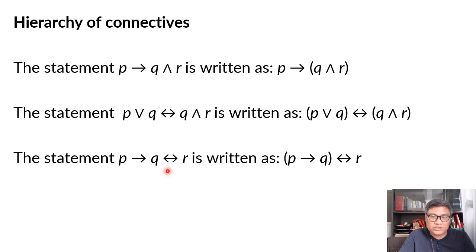So we have your conditional and your biconditional, and by the hierarchy, class, we know that your conditional is higher than the biconditional, so meaning you have to simplify first your conditional if P then Q, then whatever is the result, then you have to simplify that by your biconditional connecting to your statement R. So again, if you don't have any parentheses involved, then we have to apply the hierarchy of connectives so that we know which one should be done first.